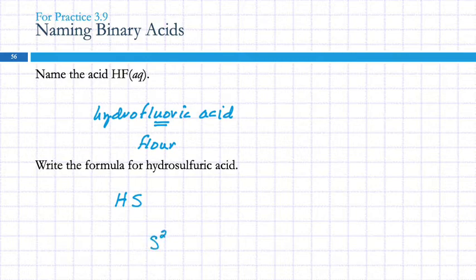A 2- ion. And the hydrogen always forms an H+ ion. So how many hydrogens have to be associated with each of these sulfurs? 2. So it's H2S. And then, if you're going to be picky about it, aqueous. Any questions? There aren't that many binary acids.